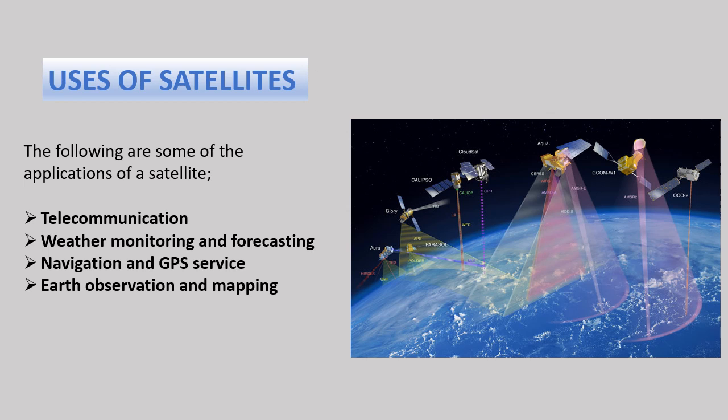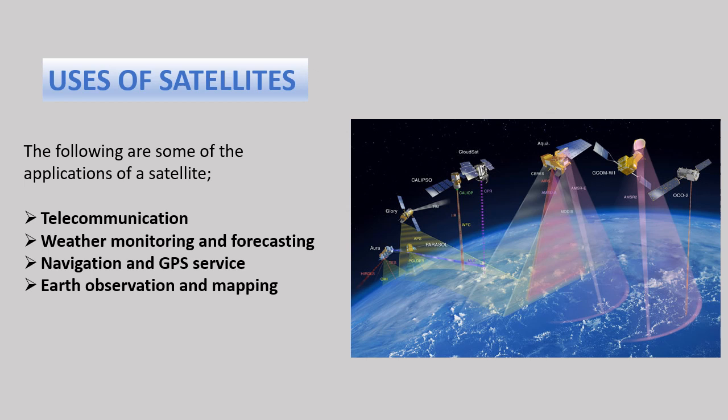Earth observation and mapping: satellites used in this field are equipped with imaging sensors, capturing high-resolution images and data of the Earth's surface, which is used to monitor climatic change, disaster response, agricultural service, among others. Looking at the diagram beside, you'll be able to see some satellites in space carrying out different assignments. I hope you are learning something.